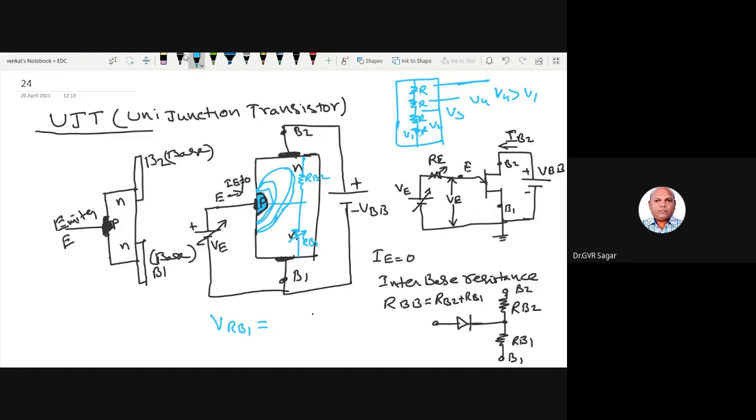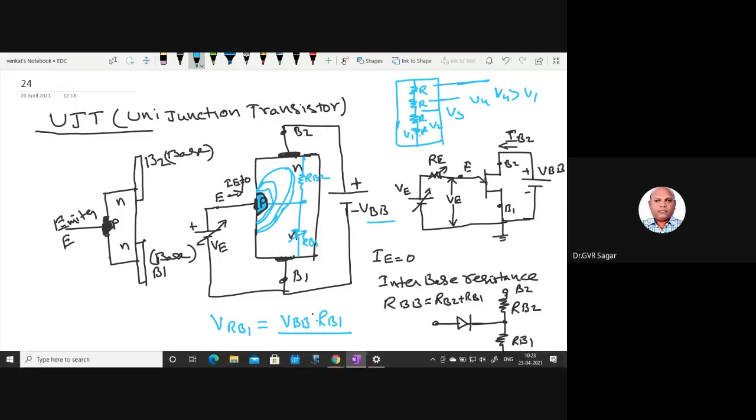When voltage is applied, this becomes a parallel circuit. In a parallel circuit, to get the voltage drop across this resistance, what is the total applied voltage? We apply VBB. VBB is the total voltage applied on the total base resistance, but we need the drop only across RB1. So VRB1 is equal to VBB into RB1 divided by the total resistance of this circuit, RB1 plus RB2.